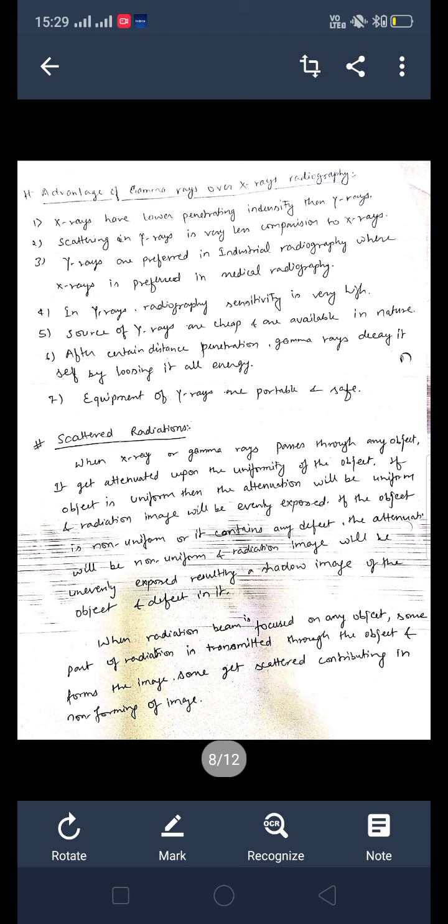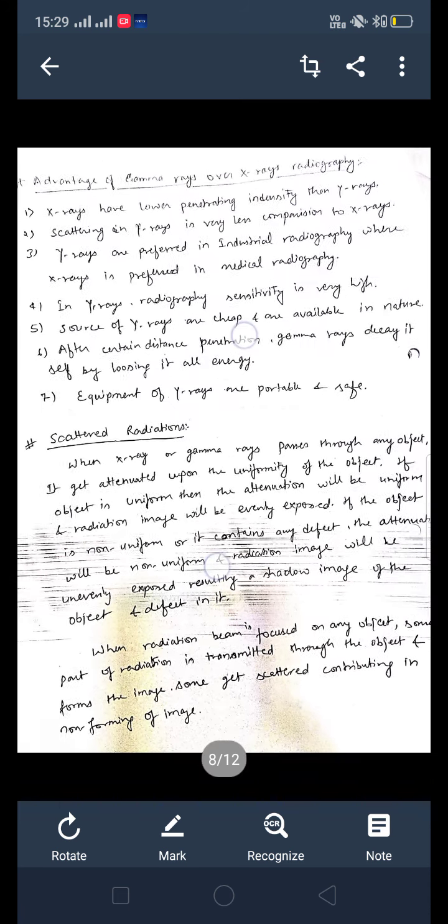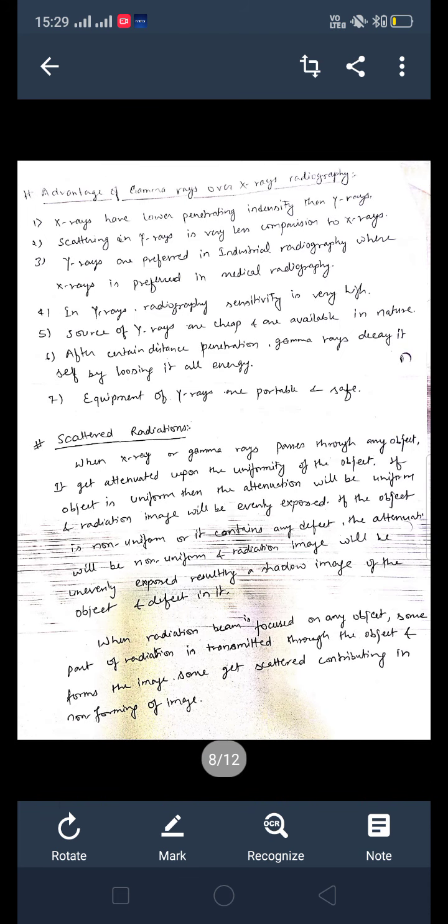Means if the X-rays or gamma rays are focused on the object, then some part of the radiation is transmitted through the object on which the rays are incident, and some of the rays are scattered, not forming an image. So that is the scattered radiation.